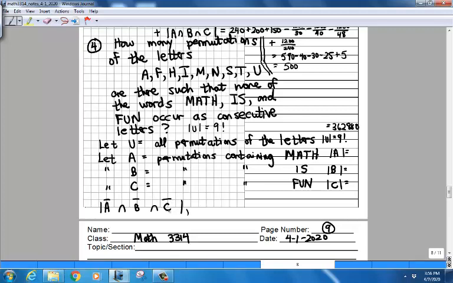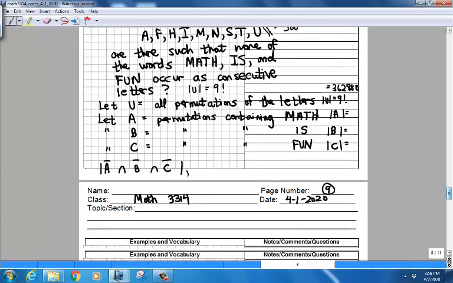But we know how to compute the cardinality of this intersection, right? That is exactly Theorem 6, okay?